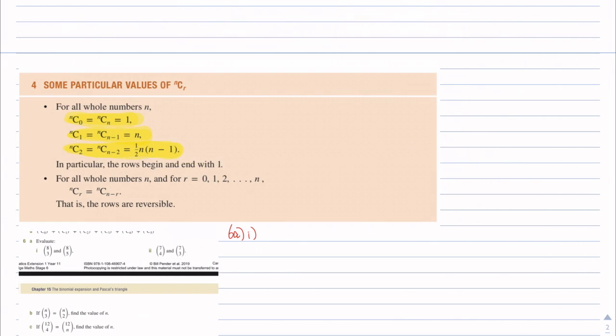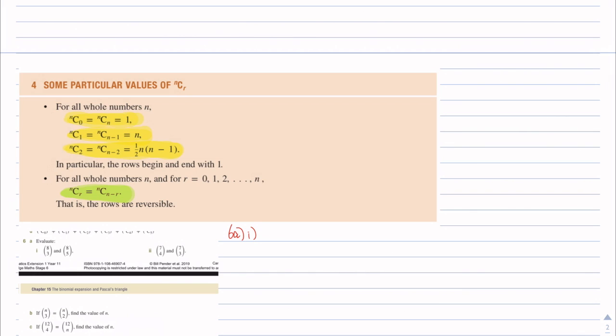We also have, I'll do it in a different color, this property. If I've got 10 things and I'm trying to choose 4 of them, that's the same as if I've got 10 things and I'm trying to choose 6 of them.